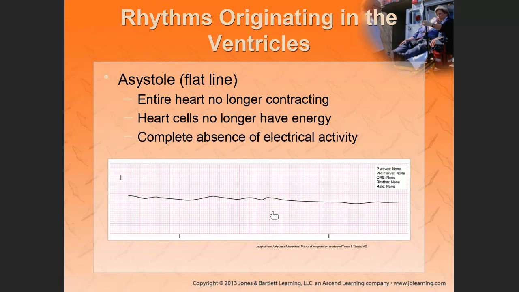Pulse is absent. We have checked the leads. Leads are attached. We need to switch to another lead. When you switch to another lead, you're still seeing asystole. And what is the last thing that we need to do?